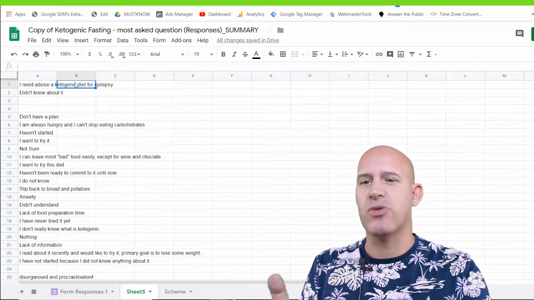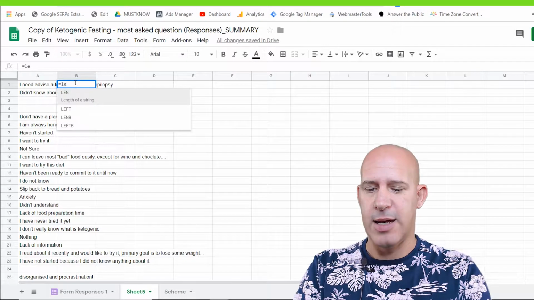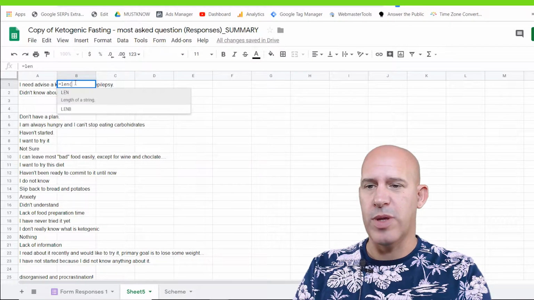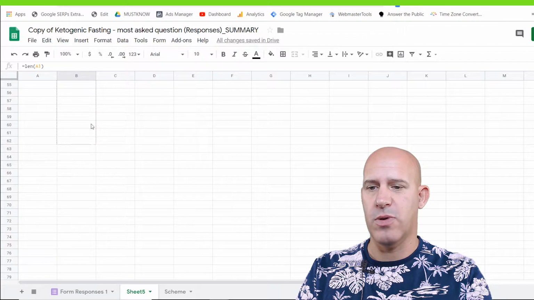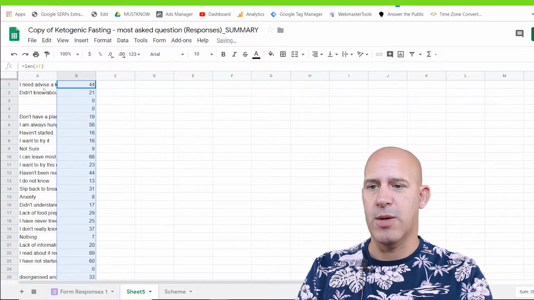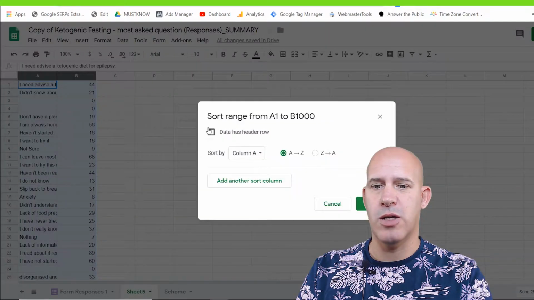Either way, their opinion is very valuable. So how do we sort it by length? We just write LEN as a formula, and then we put the string inside, and we get the number of characters here. We copy this for all, and then we're gonna sort data, sort range.